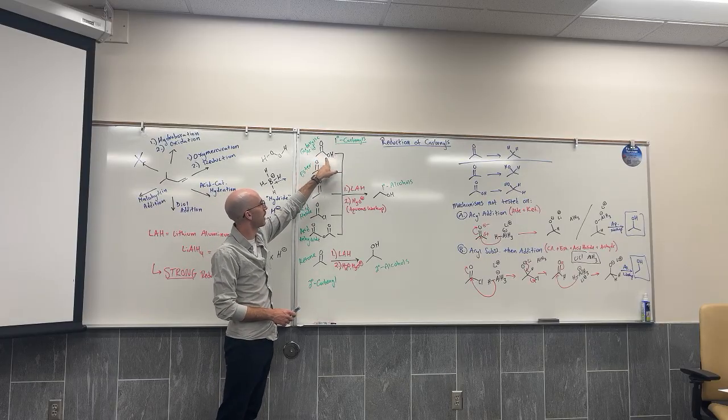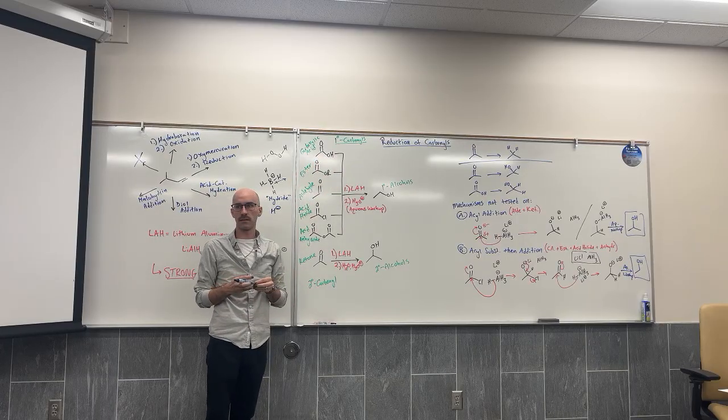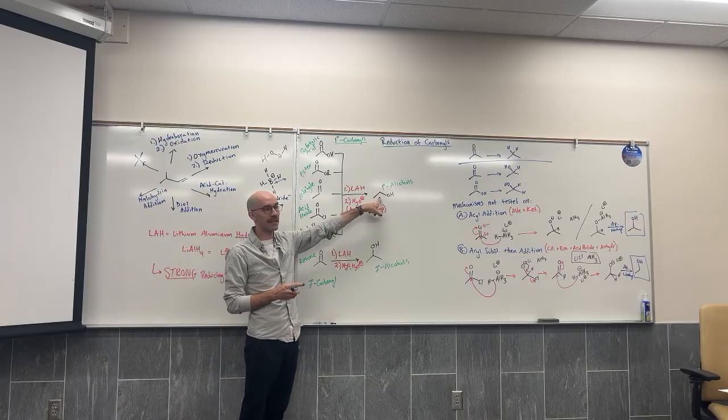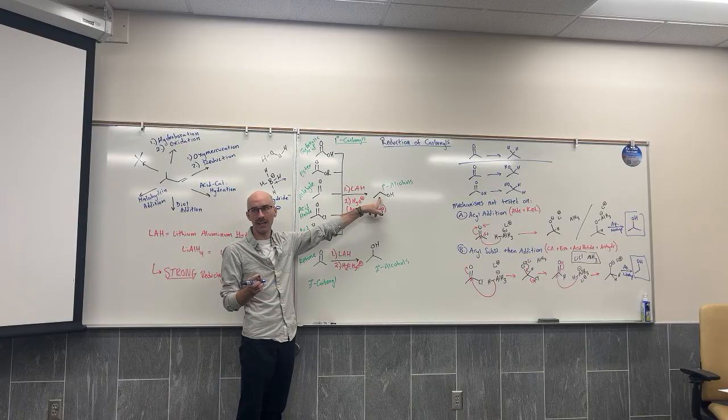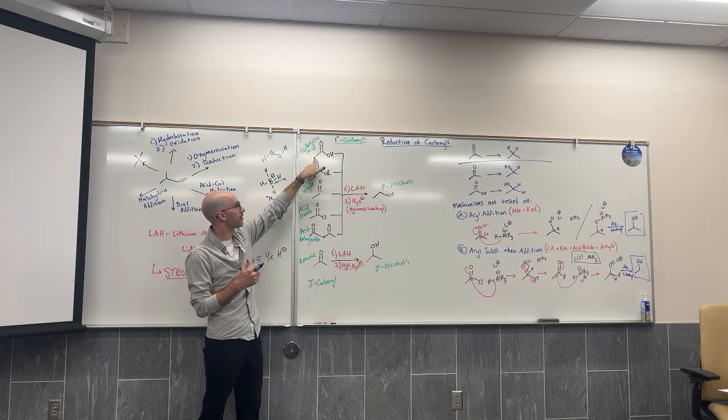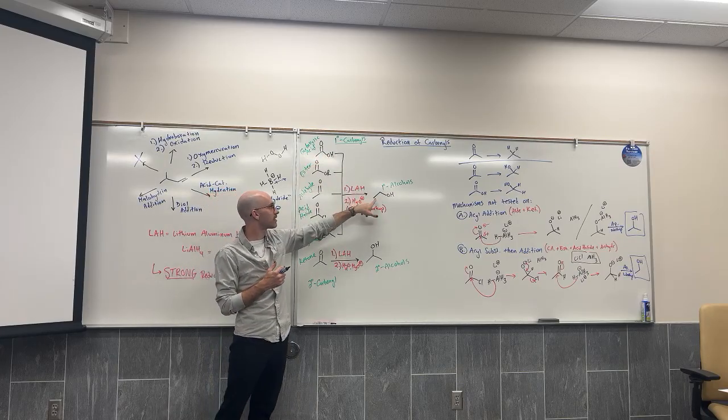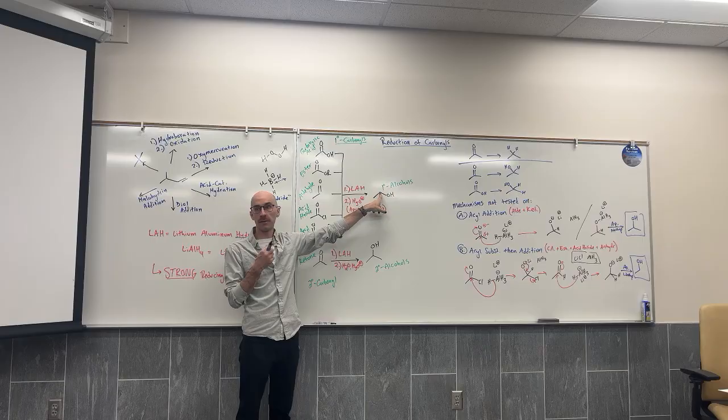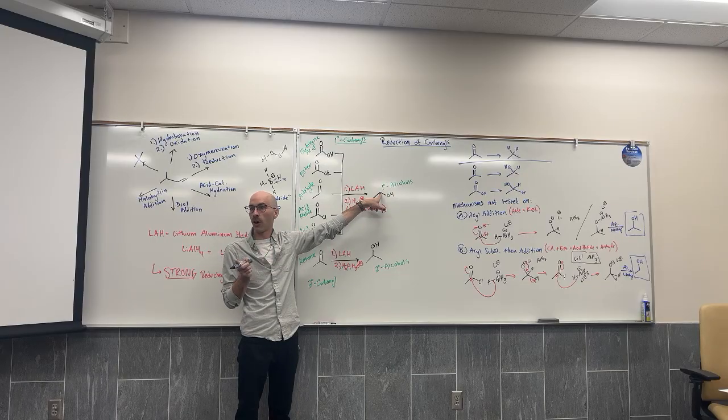The group to the side of the carboxylic acid. In addition to making this primary alcohol, and I hope you guys see the primary alcohol, CH3 carbonyl, CH3 used to be a carbonyl. The alcohol carbon was a carbonyl carbon.